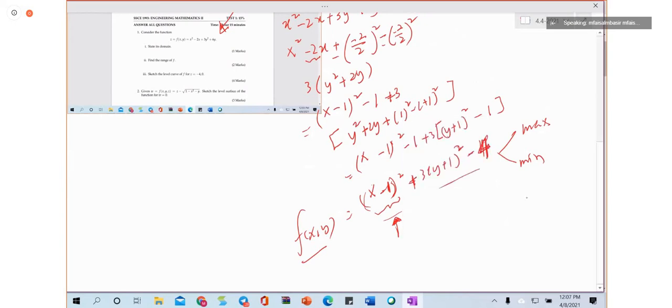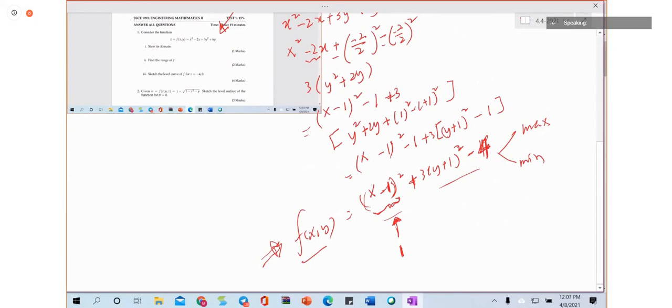Domain, you have to see the restriction. For the range, you have to see the minimum and maximum value for the whole function. So what is the minimum value here? Is it 1? You mean the whole thing 1? Is it greater than 0?